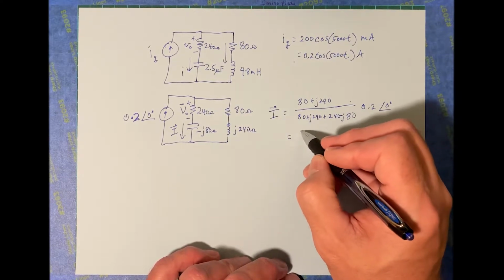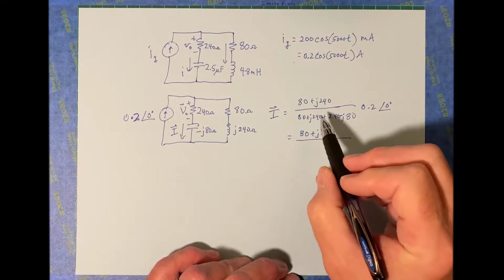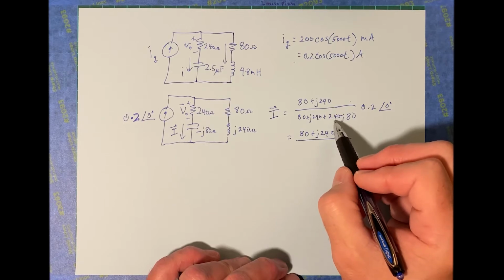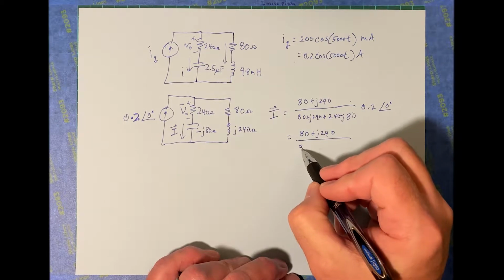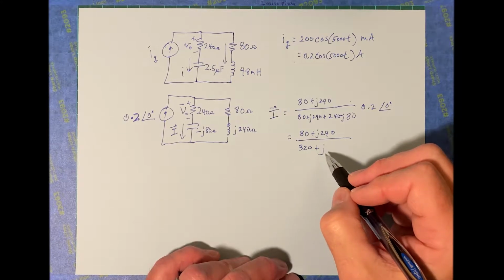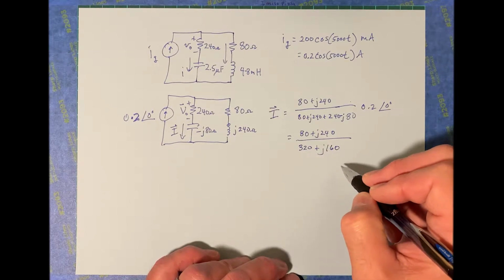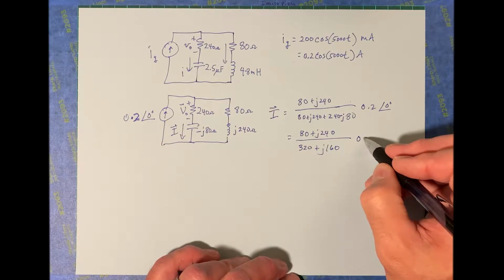Let's do that part first. So we got 80 plus j 240 on top. Now we'll take the 80, add the 240, that's 320, plus j 160.